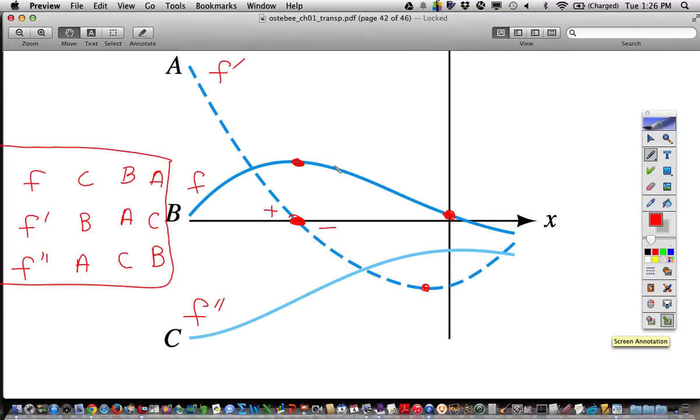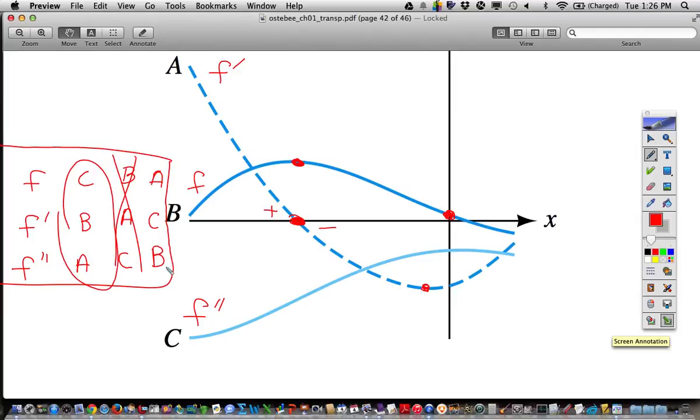Or think of it this way: if F double prime is negative, what do you know about F prime? F prime has to always be going down. And here's our F prime, it comes back up. So I don't think it could be that one. So I think it's got to be this one.